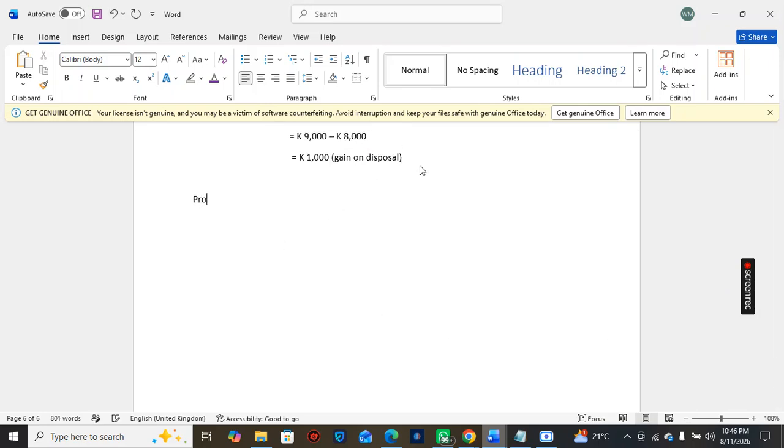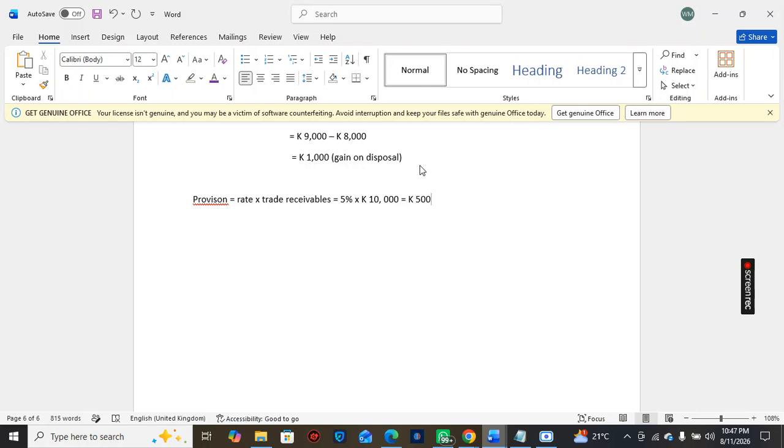So provision equals rate multiplied by the trade receivables. The rate is 5% and the trade receivables are 10,000 kwacha. 5% of 10,000 kwacha, that is 500 kwacha.